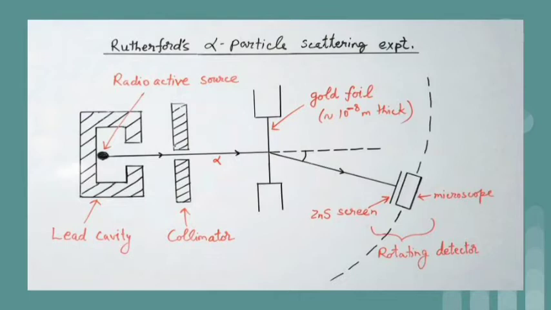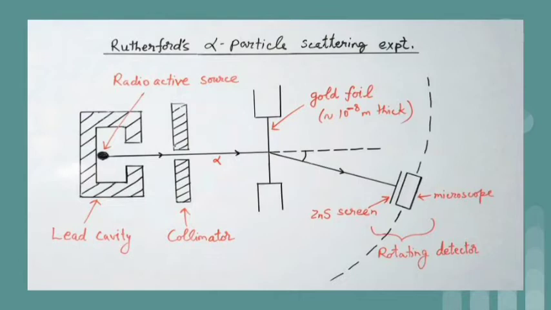When the scattered alpha particles strike the zinc sulfide screen, that is, the fluorescent screen, bright flashes of light called scintillations are produced, which are detected through the microscope and counted at different angles from the direction of incidence of the beam.